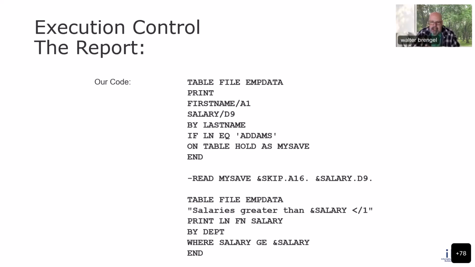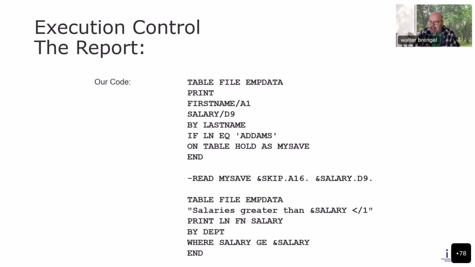Then we're going to read the file we just created, which should have the one record because it's for one employee. And we're going to skip 16 characters and then read the salary value, because if I'm looking at this query correctly, I have last name and then first name initial basically should add up to 16. So that the salary should start in the 17th position and be 9 characters long.